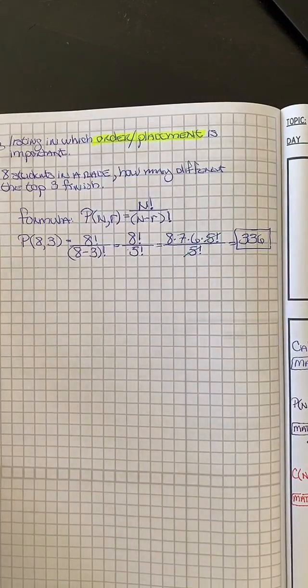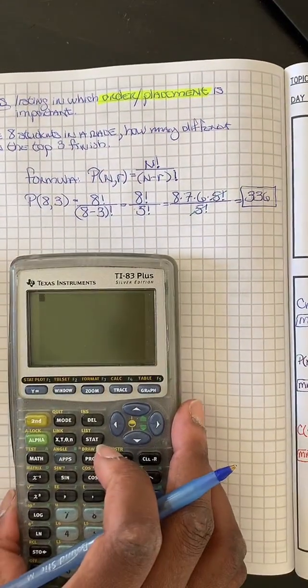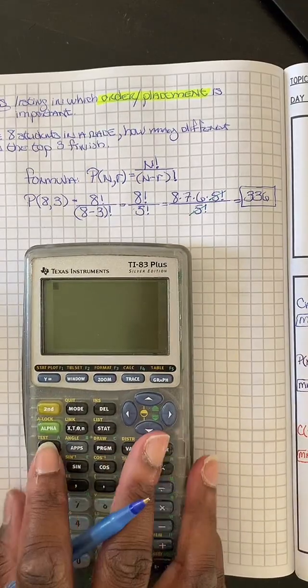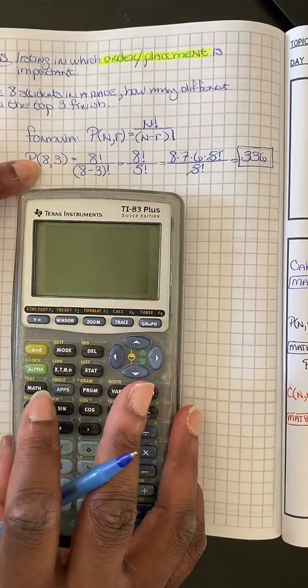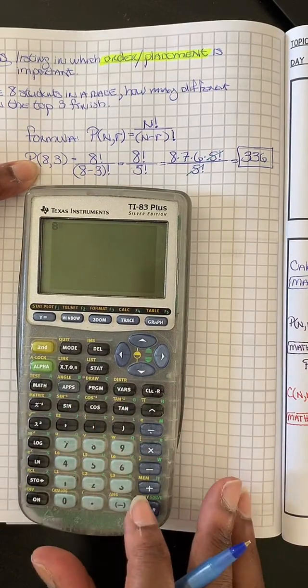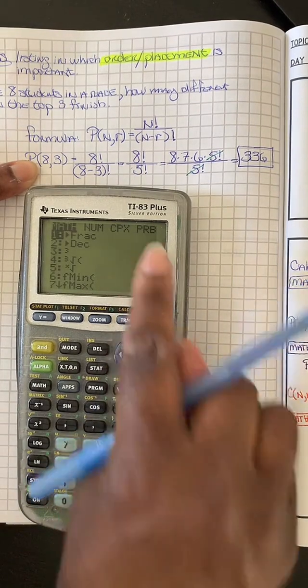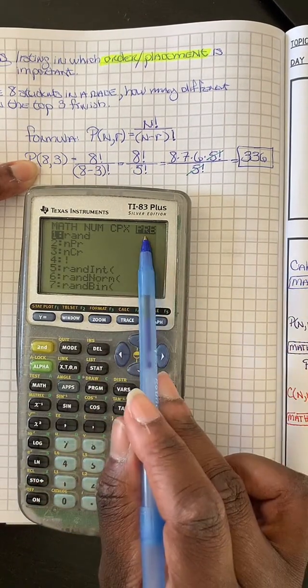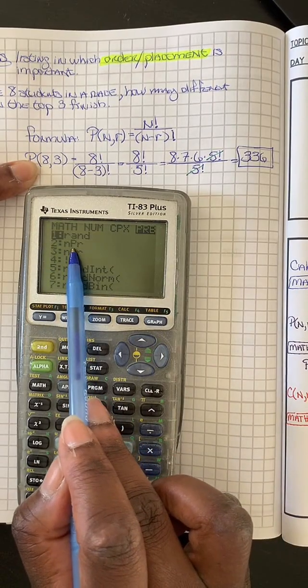Now, if you want to do this in your graphing calculator, again, you can visit that math button. Remember, your starting number is 8, so we type in the 8. We go to math, arrow over to prob, which is short for probability, and then we find permutation.